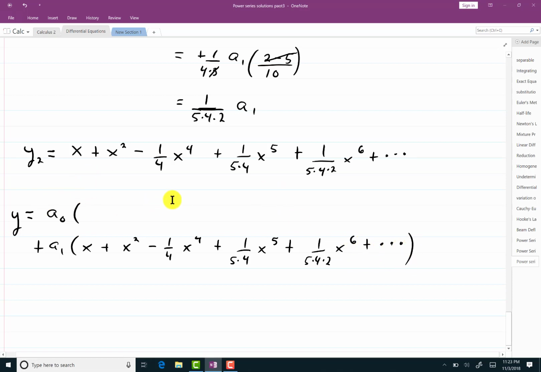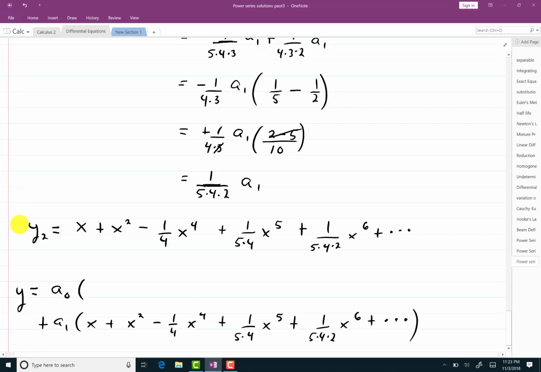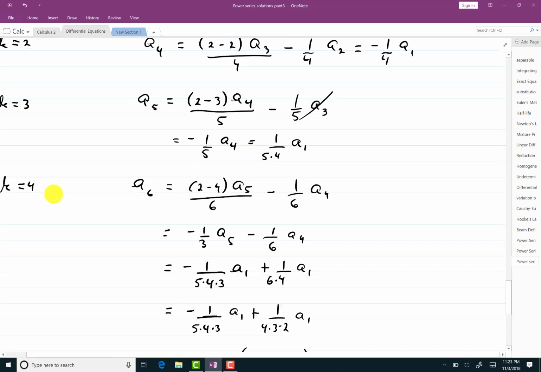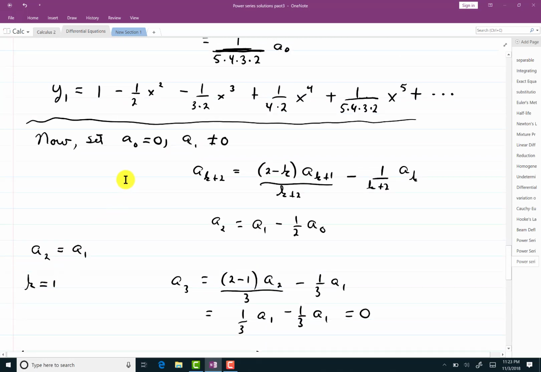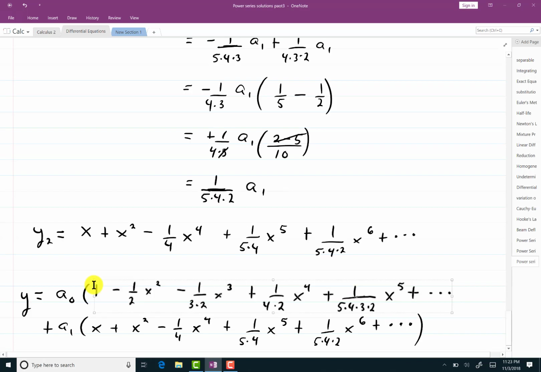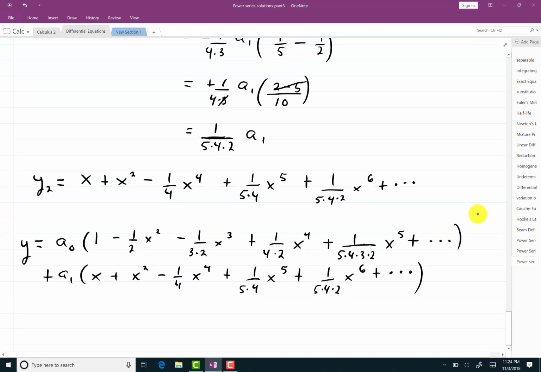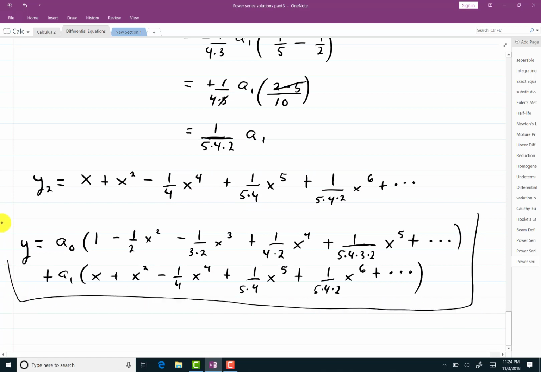Let me go back up and retrieve the stuff that was attached to a sub 0. There it is right there. I'll just go ahead and copy it in. And there's your series solution for this particular problem.